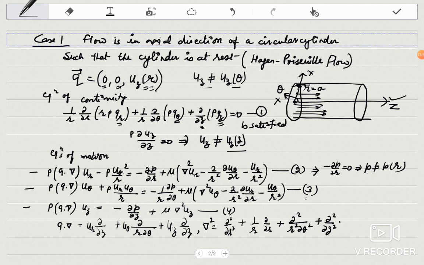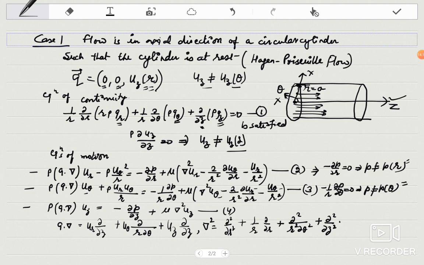Okay, now come to this third equation. Here again u theta is 0 and ur is 0, so you are left with 1 upon r delta p/delta theta equal to 0, which again implies that p is not a function of theta. So neither is p a function of r nor is p a function of theta.